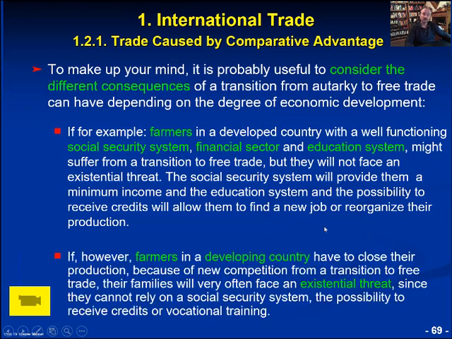If, however, farmers in a developing country have to close their production because of new competition from a transition to free trade, their families will very often face an existential threat, since they cannot rely on a social security system, the possibility to receive credits or vocational training.